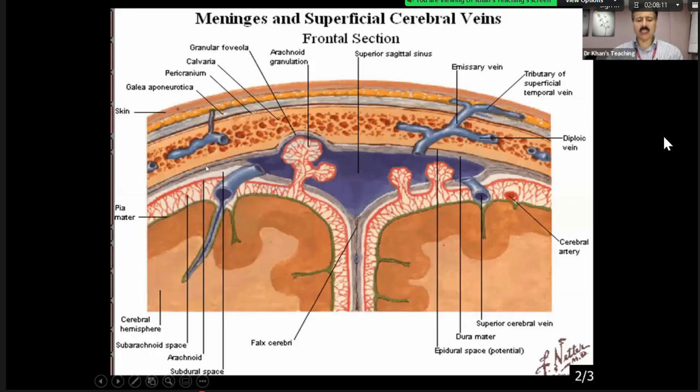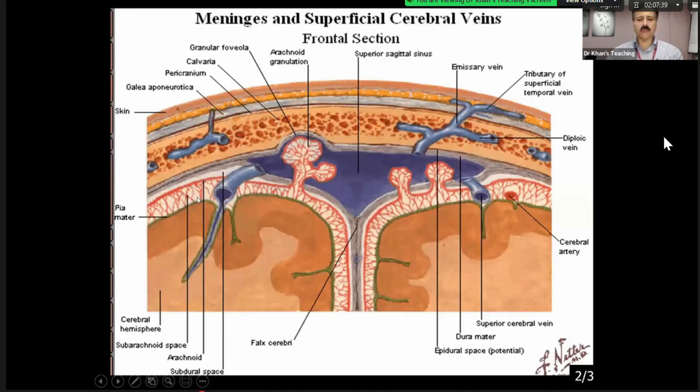So, the term pachymeninges is used for dura mater and adjacent arachnoid. But when we use the word leptomeninges, it means arachnoid and pia mater. So in your book, there will be a differential diagnosis of enhancement of dura mater or pachymeninges, and second will be enhancement of leptomeninges.